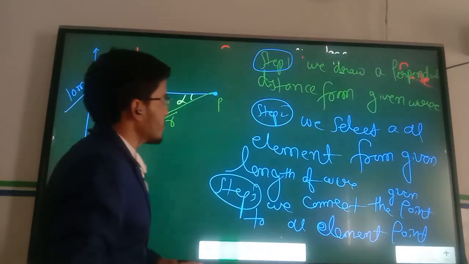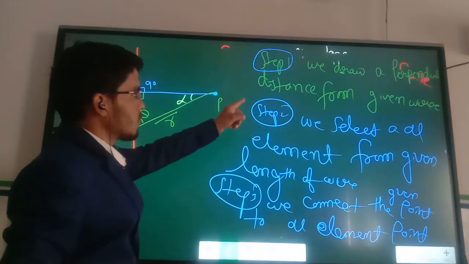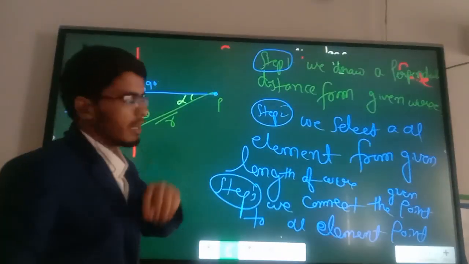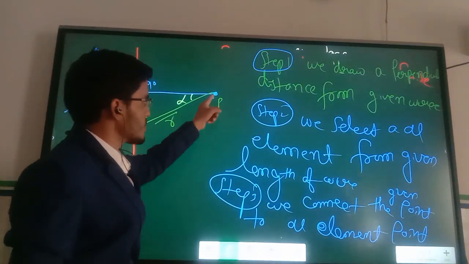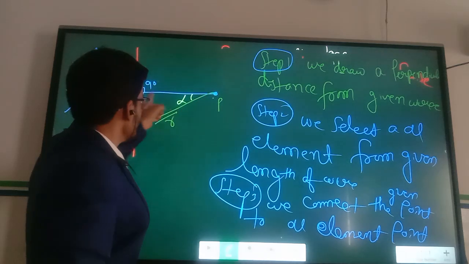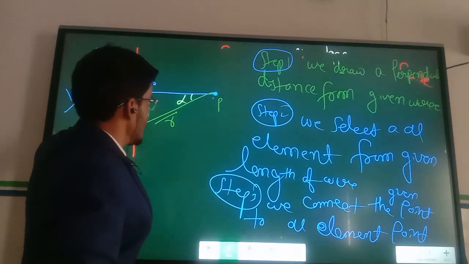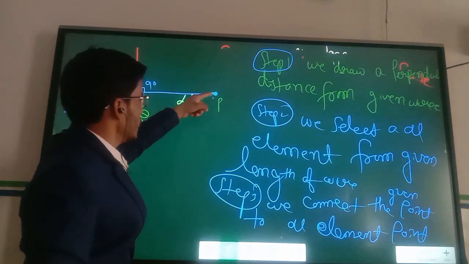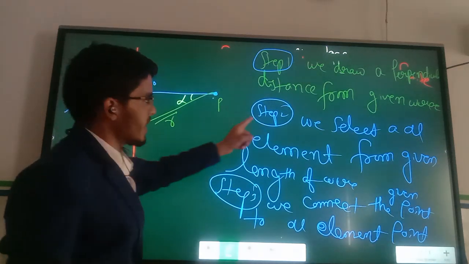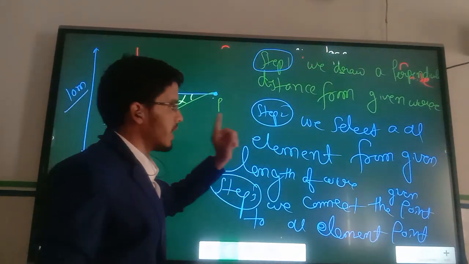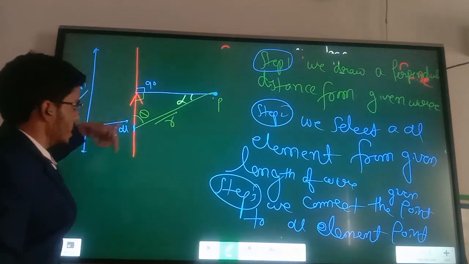So first step, we draw a perpendicular distance from this point to the given length of wire, and this angle is 90 degrees. Second step, we select a dl element from the given wire.